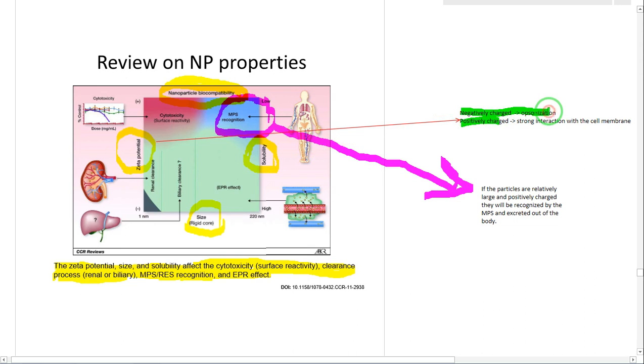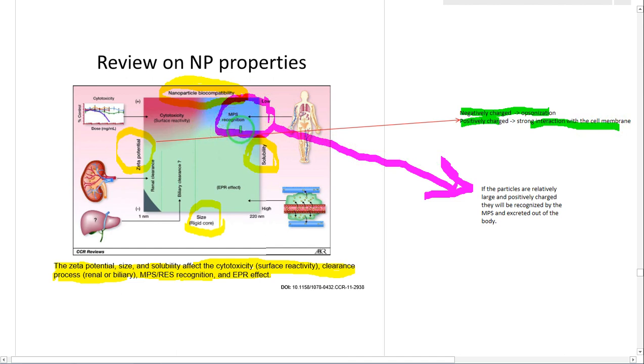On the other hand, the reason why the positive charge of the nanoparticles leads to higher recognition by the mononuclear phagocyte system is that they will have a stronger interaction with the cell membranes, so they will be recognized faster.